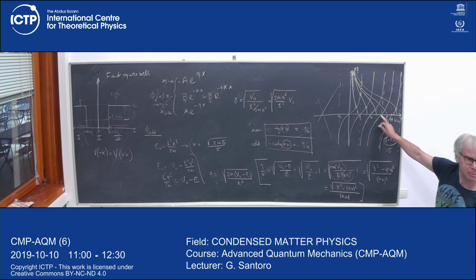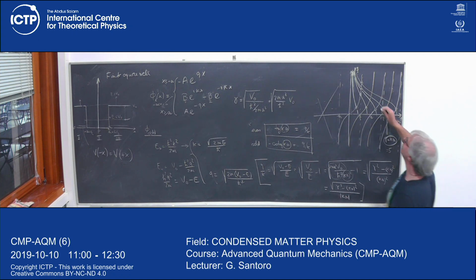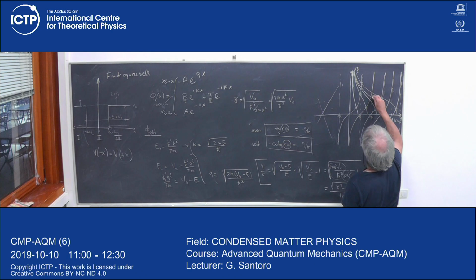Is this right? Yes, it is. So, gamma equal 5 might be the curve that I'm pointing to now. Okay? So you would have 1, 2, 3, 4 total solutions, 2 even and 2 odd.